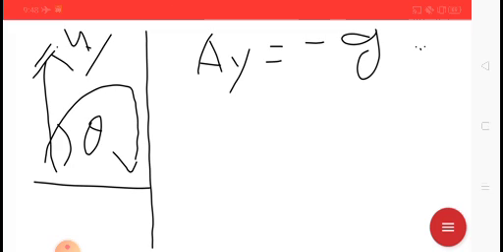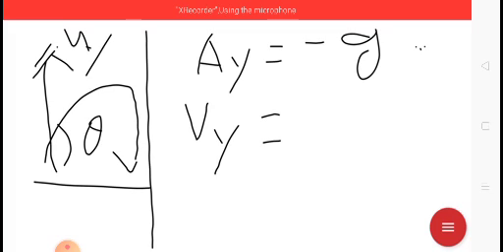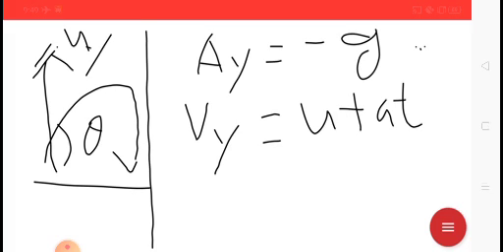So if we want to find the velocity at a certain time, Vy, the vertical component of velocity, we can use u plus at. The u is u sine theta just now.